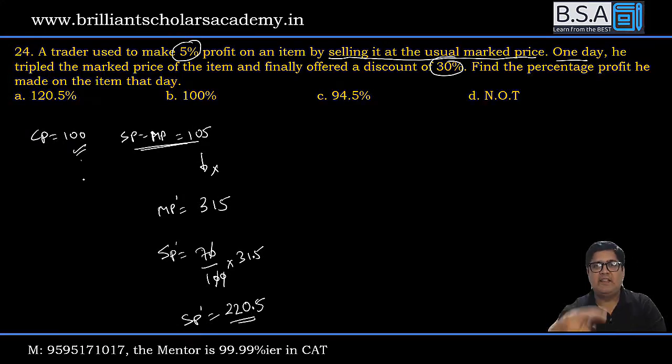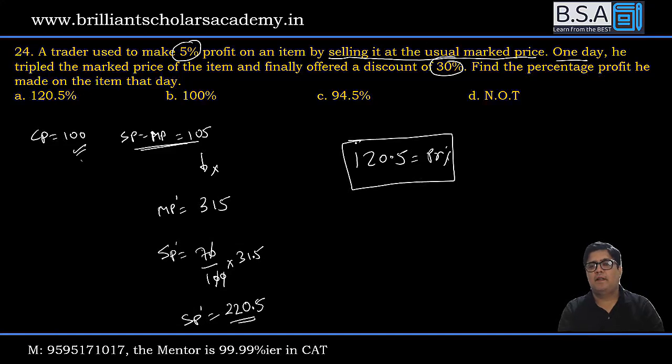So how much extra? See, anything on 100 is a percentage. You have 5 rupees on 100, it is a percentage. You have 10 rupees on 100, it is a percentage. How much extra do we have? We have 120.5 extra. That is the profit percentage.